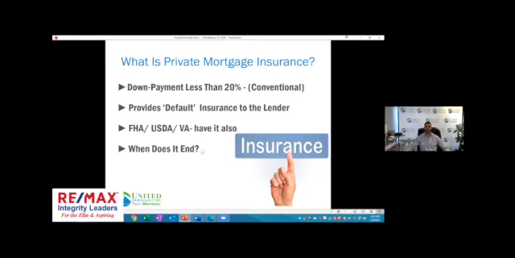And when does it end? People are like, well, when is this just going to come off? Because I can't pay this $200-300 every however long, it's just not conducive. So it sometimes comes off, normally on a single family house, it'll come off at 78% of your loan to value, okay?